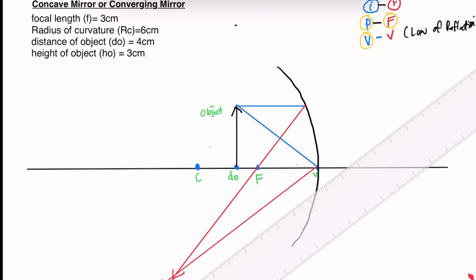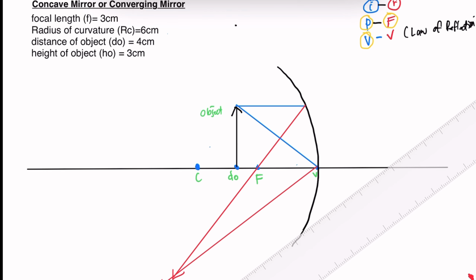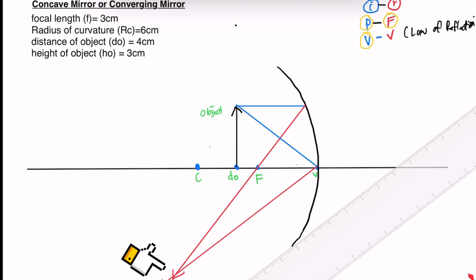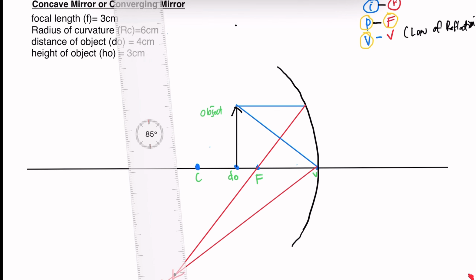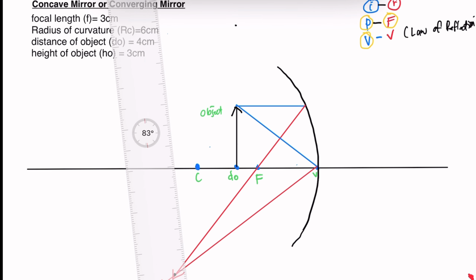Notice that the two reflected rays, which are the red lines here in front of the concave mirror, converge or meet at one point, they intersect at one point here. And that point where they intersect or converge is your basis on how you will draw your image.